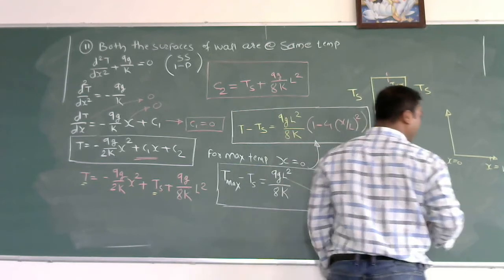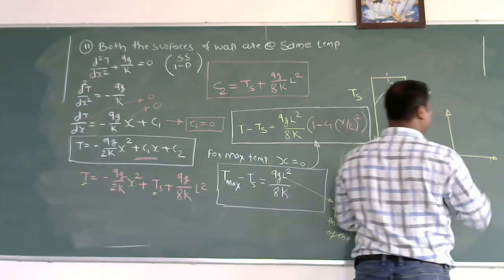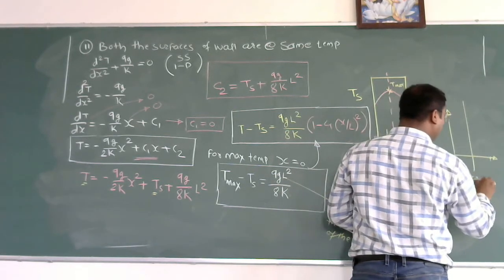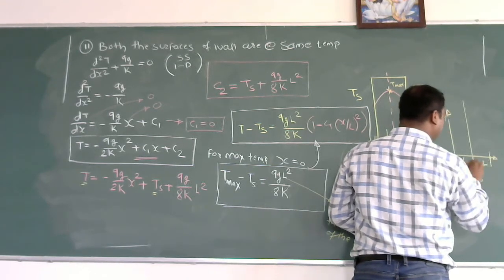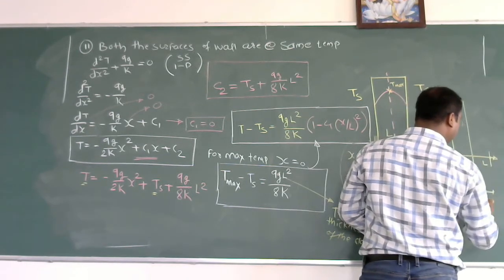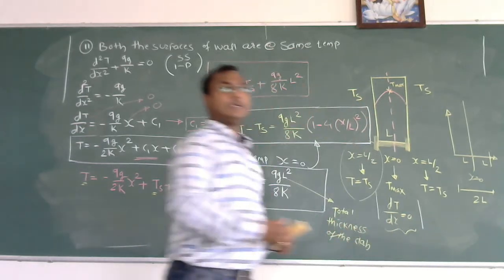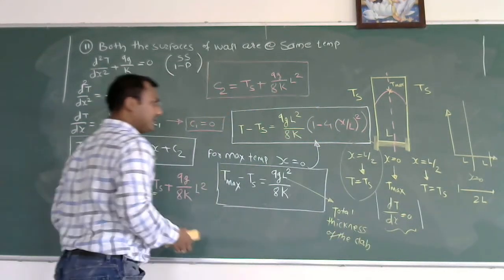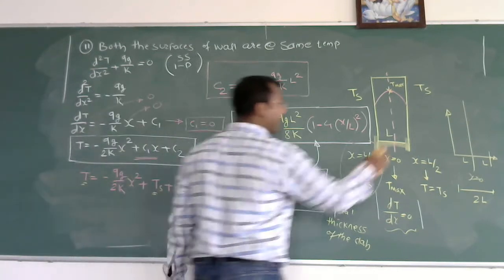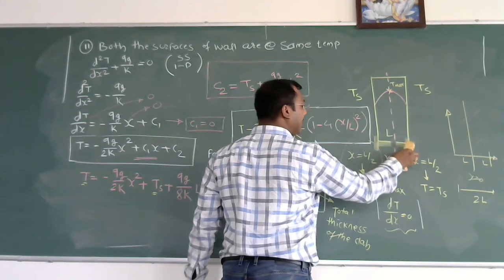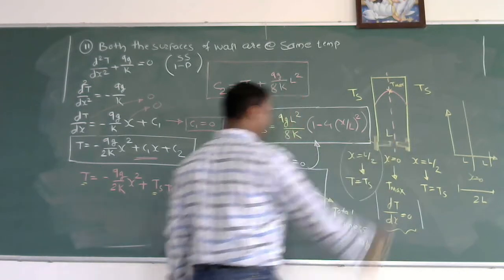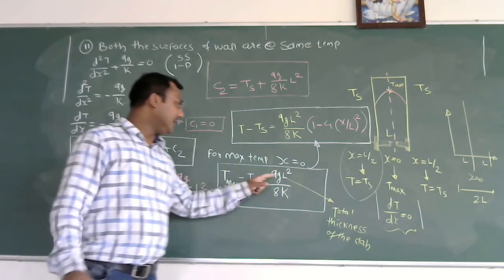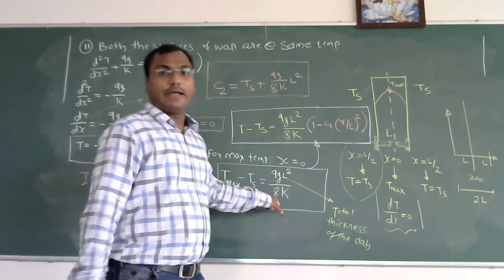In some of the books they are considering at the center x is equal to 0 and this is L and this is L, that's why total becomes 2L. So be careful while using the terminology. In this case, I am considering x is equal to 0 at the center, and this is L by 2 and this is L by 2. So I am getting T max minus Ts equals Qg L square divided by 8K.